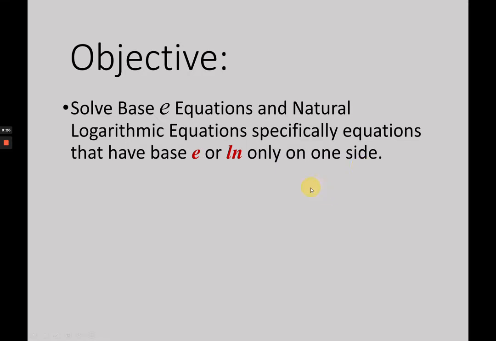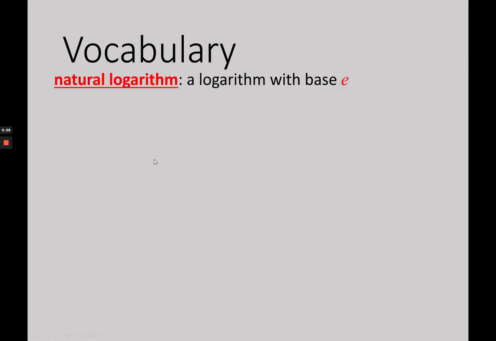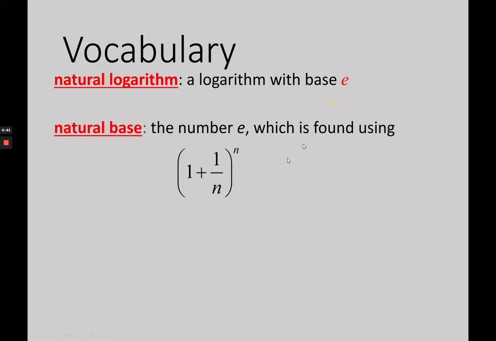Let's start with your vocabulary. Remember, natural logarithm is a logarithm with base e, whose symbol is ln, from the Latin abbreviation logarithmus naturalis.